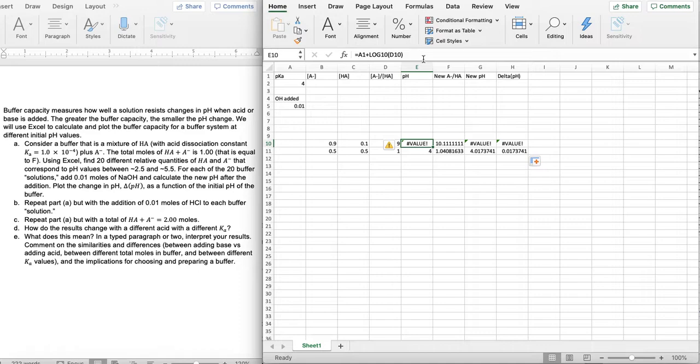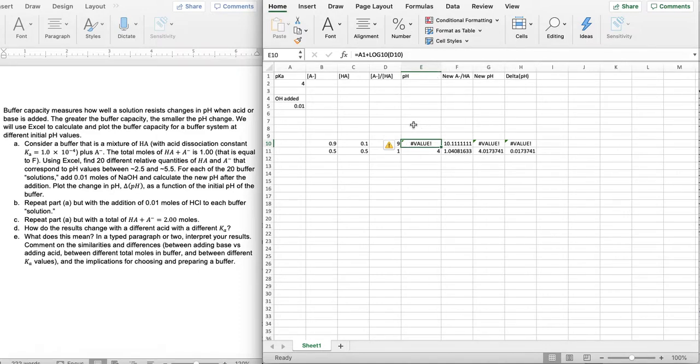Oops, what's the problem here? Oh, I forgot to keep the pKa. Whoops, see, the pKa moved up with it, and so I need to put a dollar sign on the 2 so that the pKa always stays in that cell.